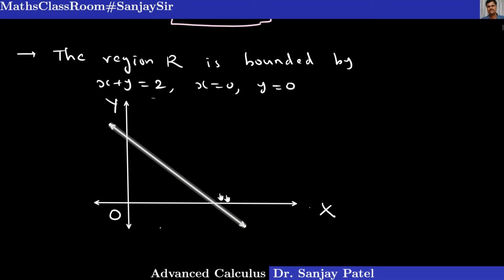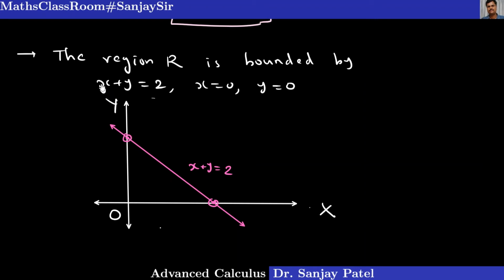So it will be like this. You can take this way. Let me change the color. Okay. So this is the line x plus y is equal to 2. So it is intersecting the x and y axis at these 2 points.